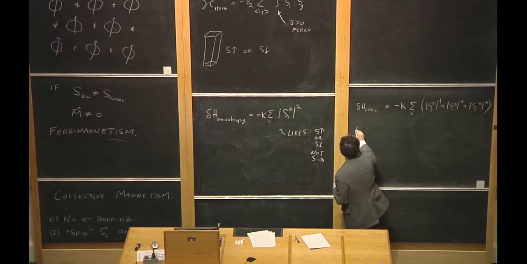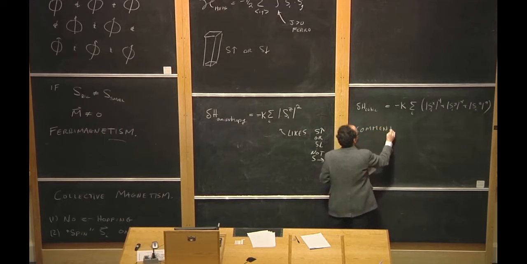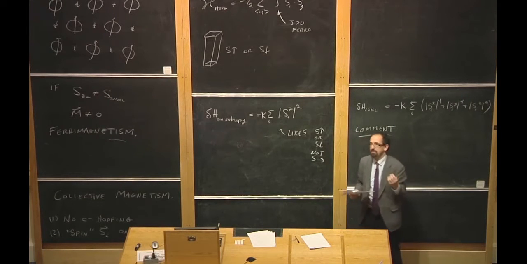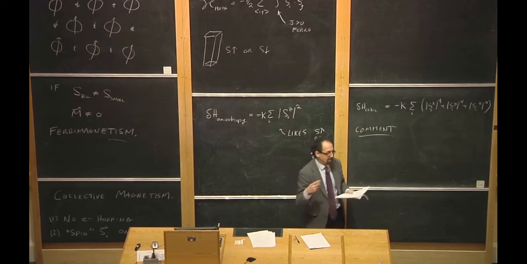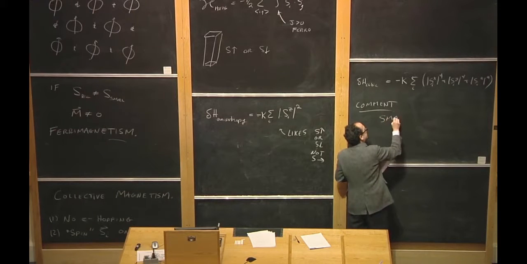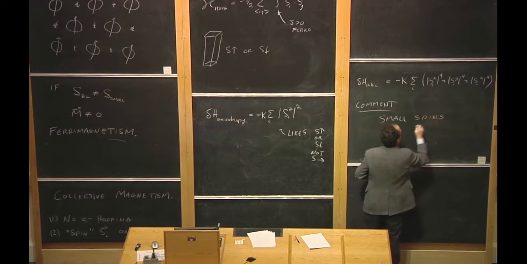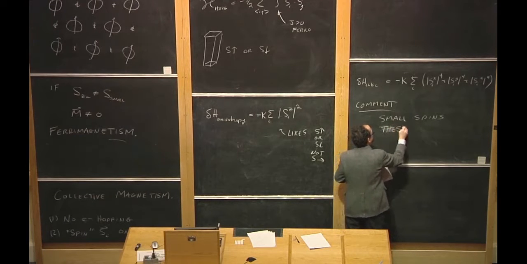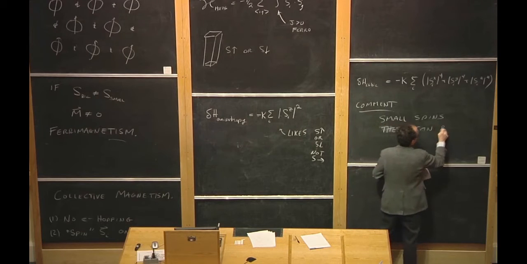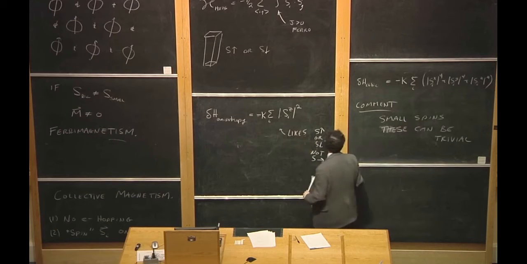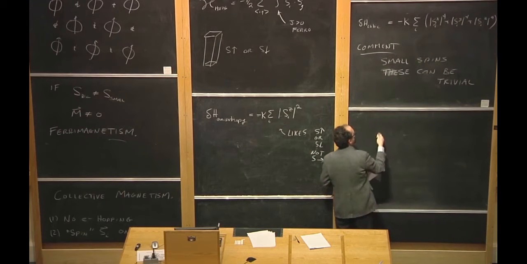Just one comment. What we've written here is based on our intuition for spins as classical vectors. For small spins, these terms can be trivial. What do I mean by that? Suppose I tried to write this down for a spin 1/2. Remember the spin 1/2 Pauli spin matrix, sigma z.